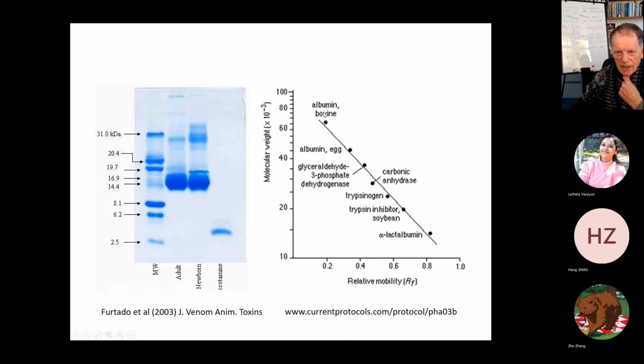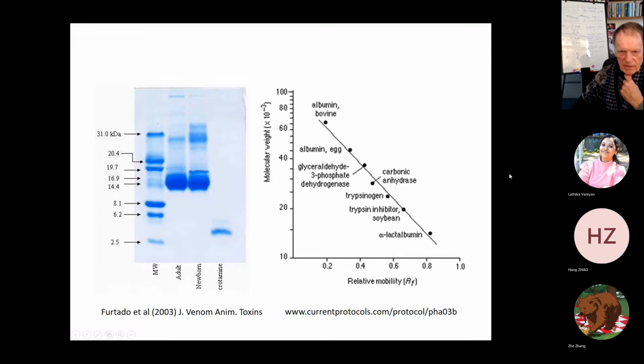This is bovine serum albumin, molecular weight about 67,000. This is egg albumin, 45,000, and smaller proteins here. So you form your calibration plot, and then you measure your relative mobility on the gel. Then you read off from this plot here what the molecular weight is.